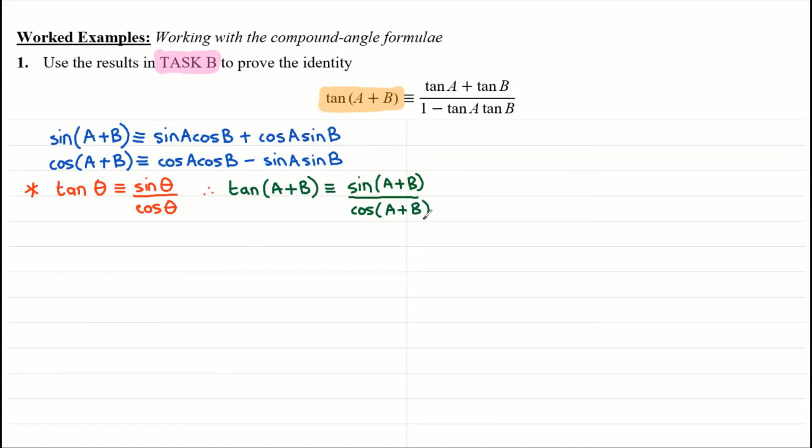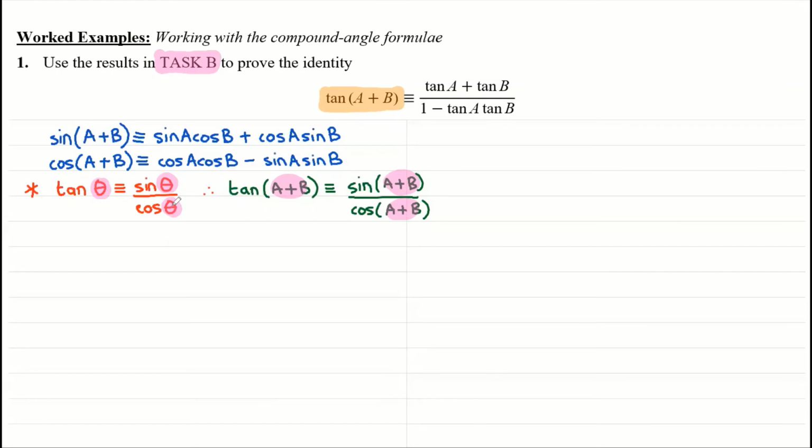It doesn't matter what the angle is, okay? The angle can be any real number. We've called theta a plus b, but the identity is still valid because it's true for all values of theta. So I've just made a substitution for theta and a plus b, and we've got an identity that is still valid for tan of a plus b.